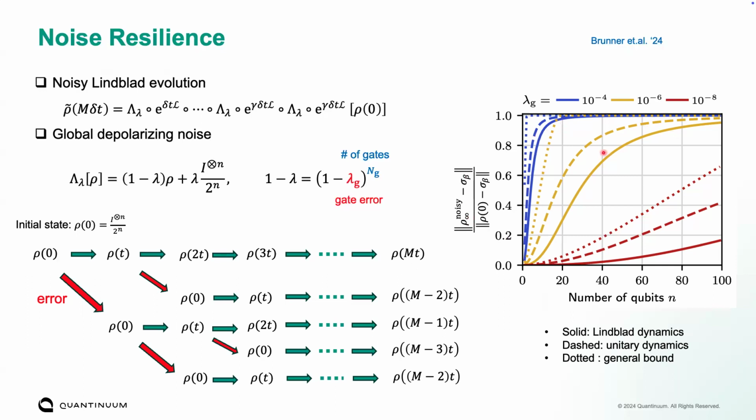But as you increase the precision of the gate error, you expect that Lindblad dynamics shows better performance compared to unitary dynamics, which is promising. And this is just one example of the dynamics; you can choose other Hamiltonians or other simplified dynamics potentially to reduce the error further.